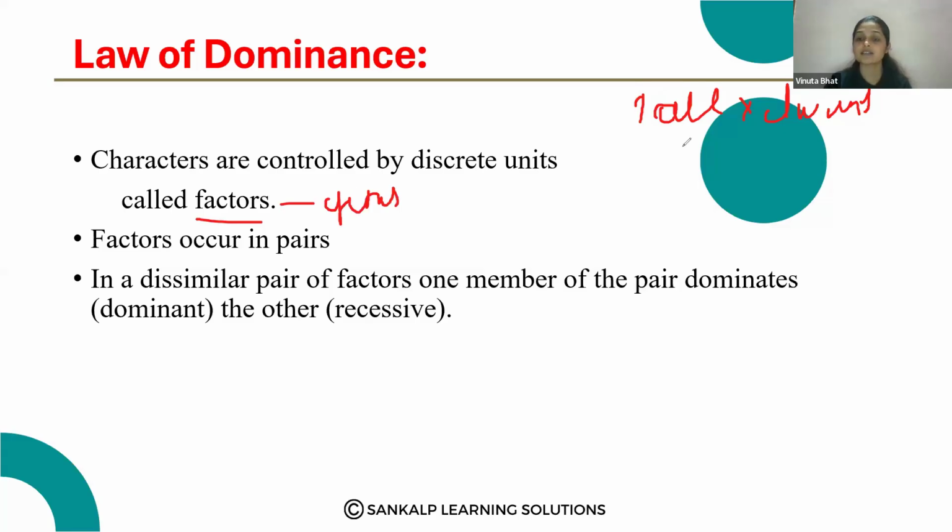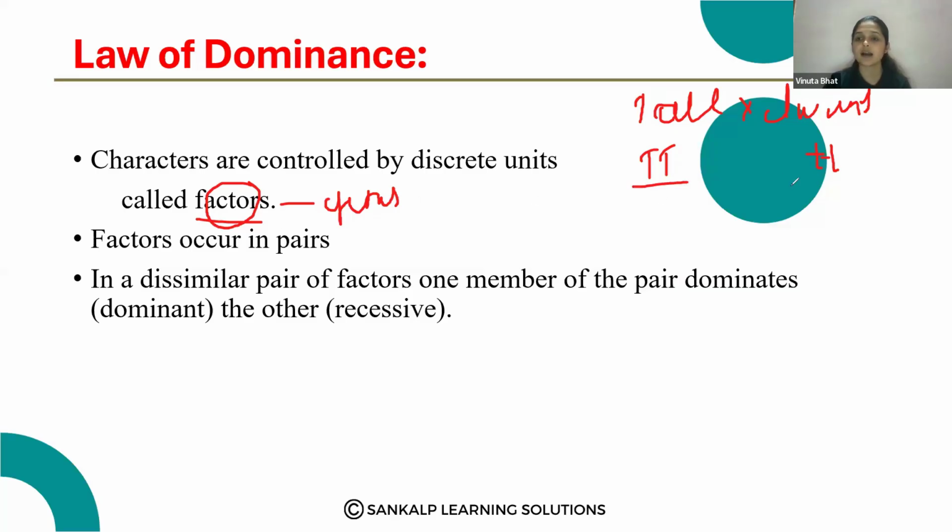So these characters are controlled by genes; now we call these factors genes. Factors occur in pairs. So here tall is TT and dwarf is tt, right? We use small t for dwarf, and for tall we use capital T.